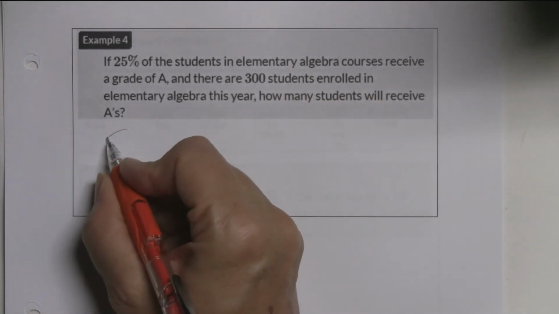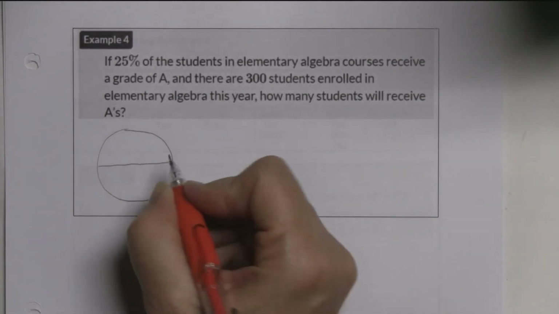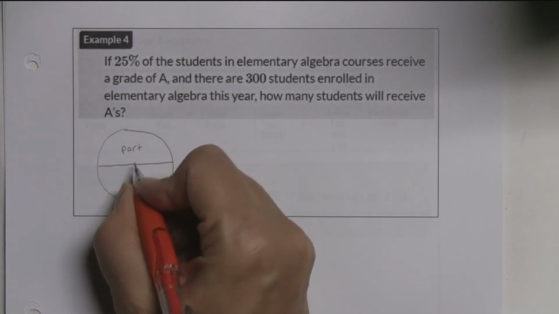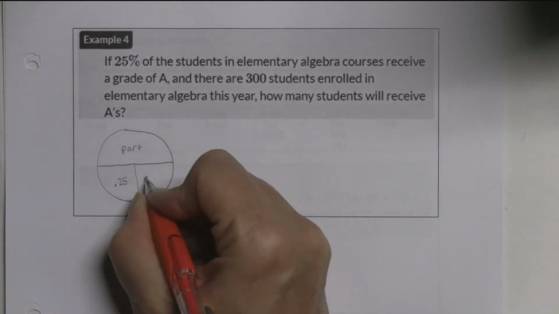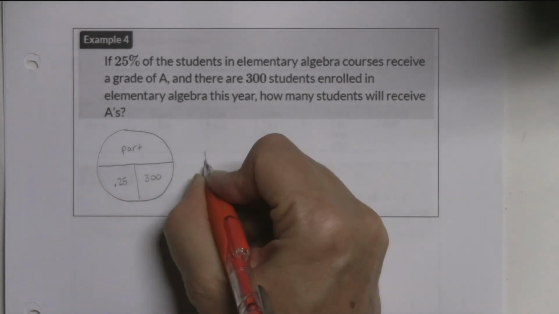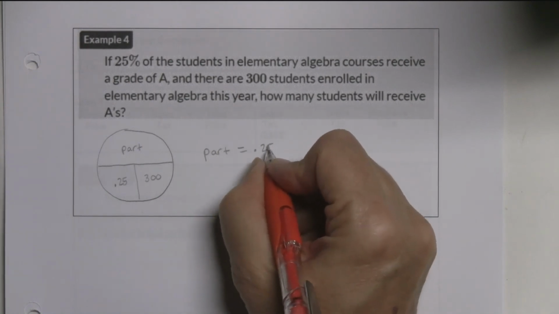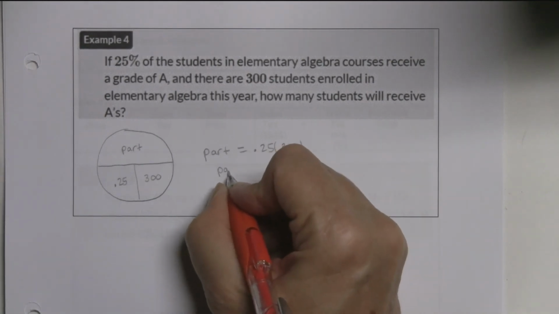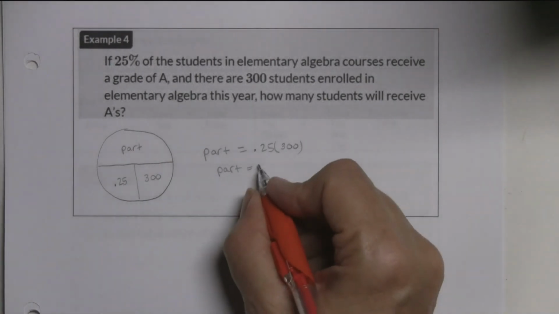We can do the circle thing if you like. The part is unknown. Hey, this is almost the same problem that we just did. The part that are going to get an A would be 25% of 300 students. So this part is going to be 75 students.